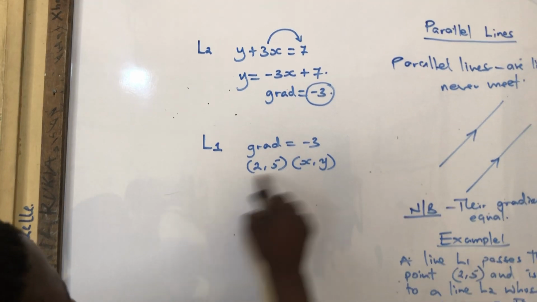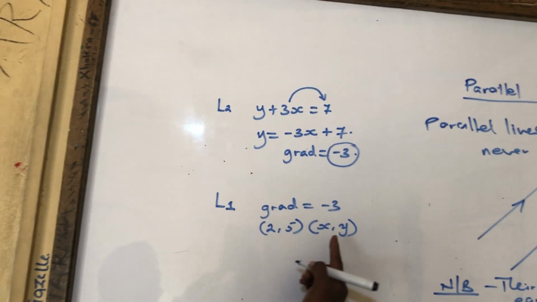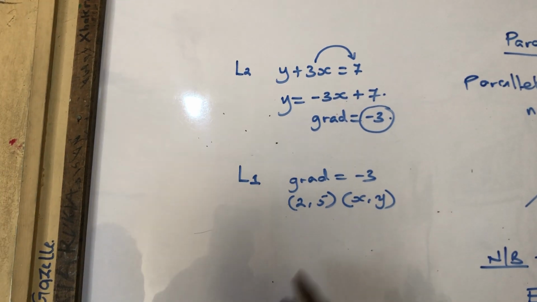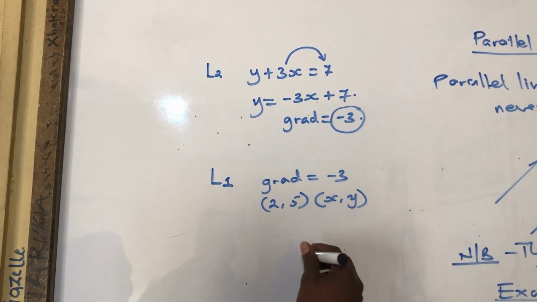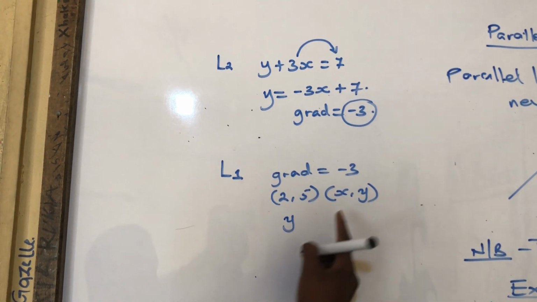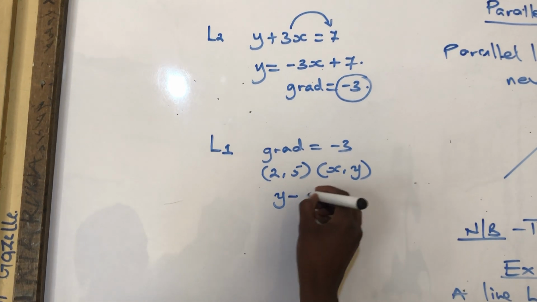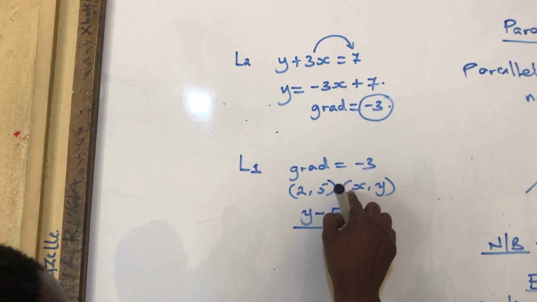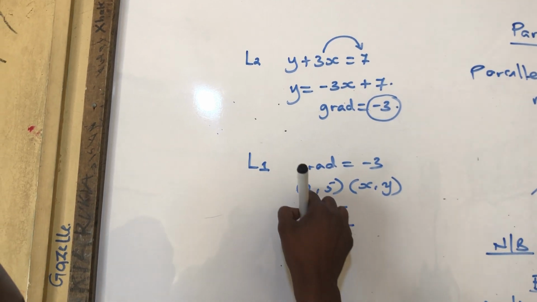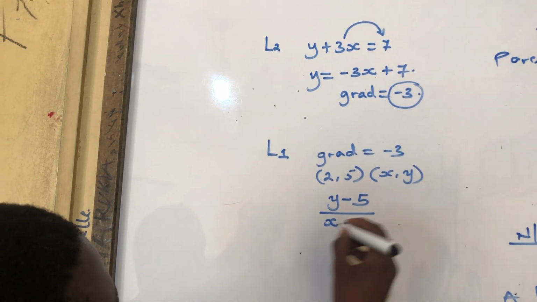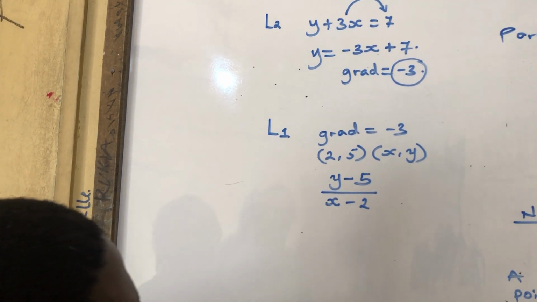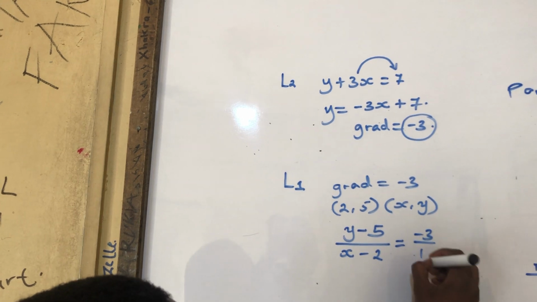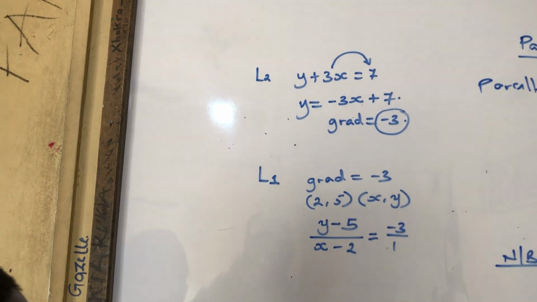How then do we obtain the equation? We'll take the change in y all over the change in x, then equate it to the gradient. That should be y2, that's y, minus y1, which is 5, all over x2, which is x, minus x1, which is 2, equal to the gradient, which we have as negative 3 all over 1.